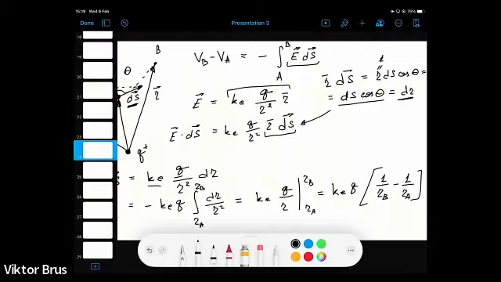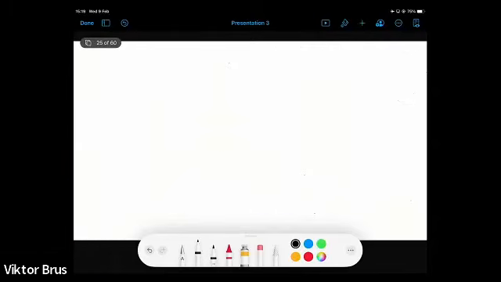So let me go to another slide. If distance from electric charge to this point where we define electrostatic potential approaches infinity, so it's like very far from electric charge, then electric potential at this point will be equal to 0.